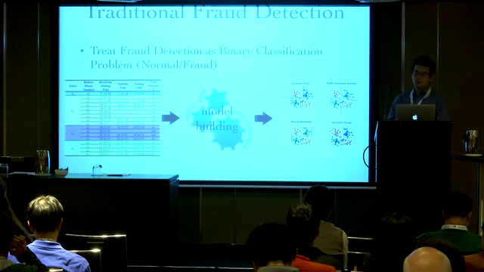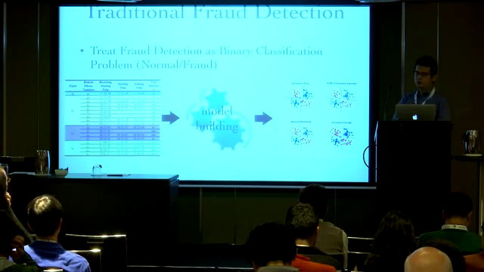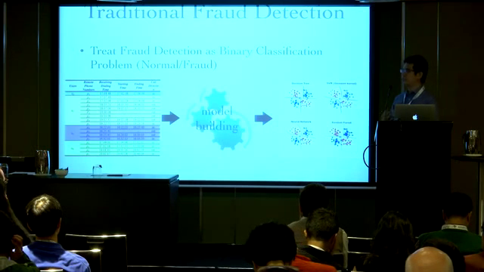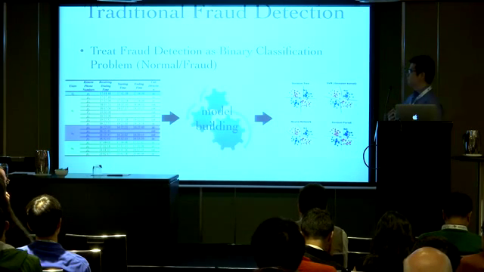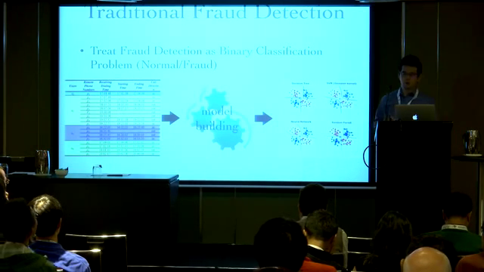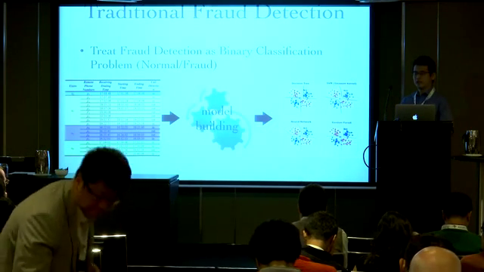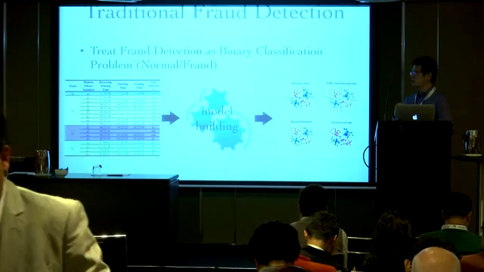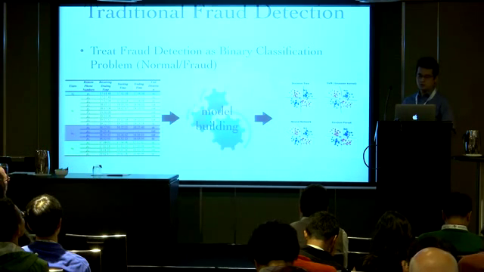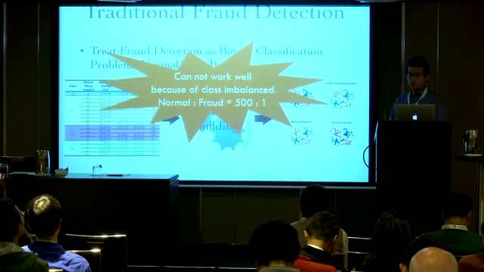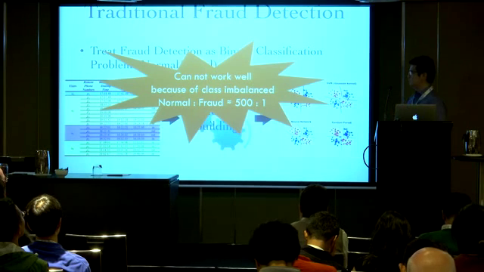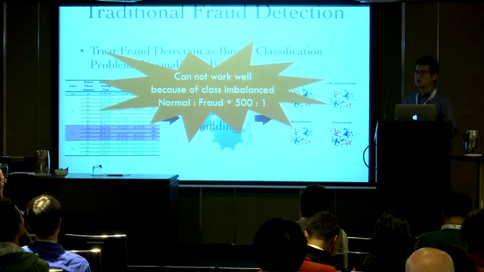At first we follow the traditional fraud detection manner to formulate the fraud detection problem as a binary classification problem. However, we immediately encountered a huge problem, because of the serious class imbalance problem in this data set.